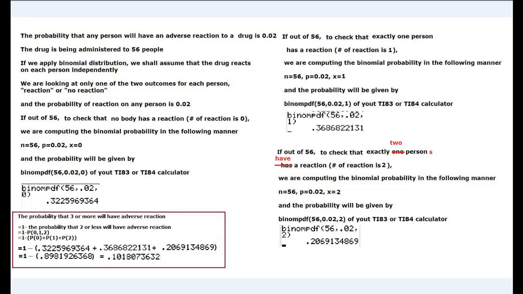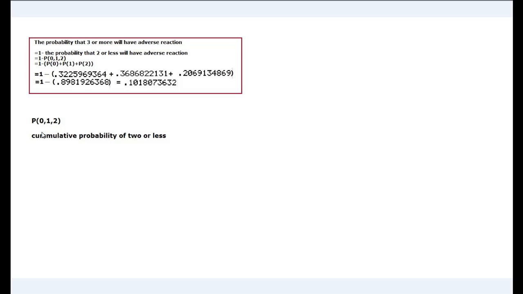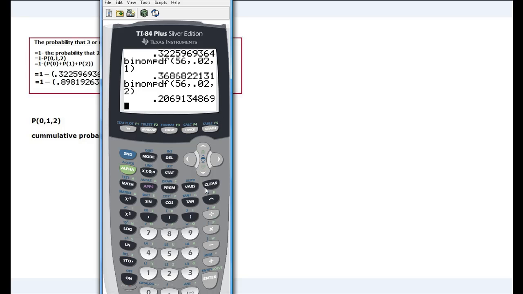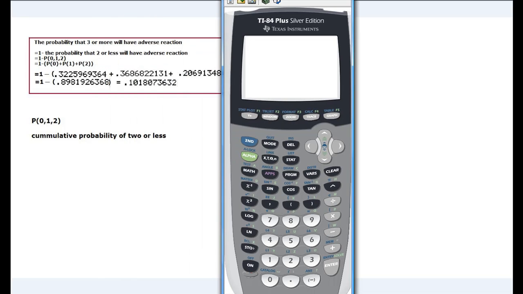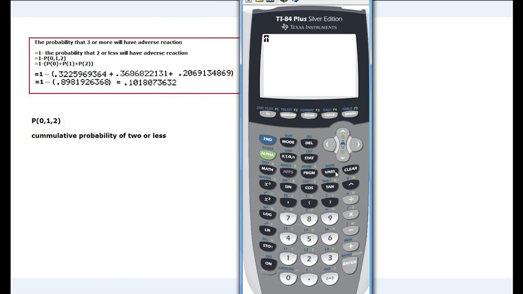Now you can do it directly if you want. The probability of 0 or 1 or 2 is the cumulative probability of 2 or less. If you are computing it using your graphing calculator, you can just scroll down, or you can even type the letter B by using alpha.